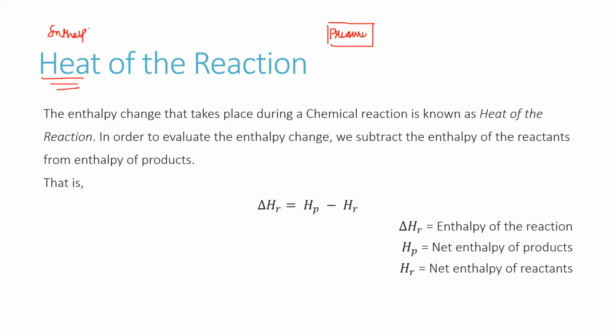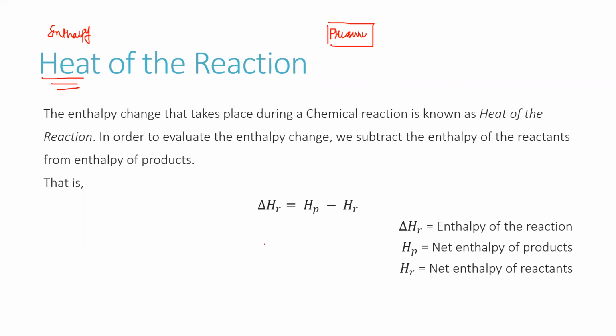We have already discussed this in the past few videos, that heat becomes equal to enthalpy at constant pressure. And if that's the case, then heat of the reaction actually becomes the enthalpy change during the reaction. All right. And hence, we call this heat of the reaction the enthalpy change.